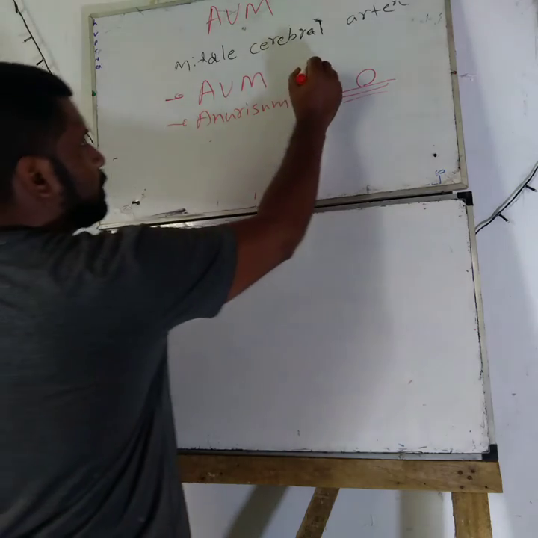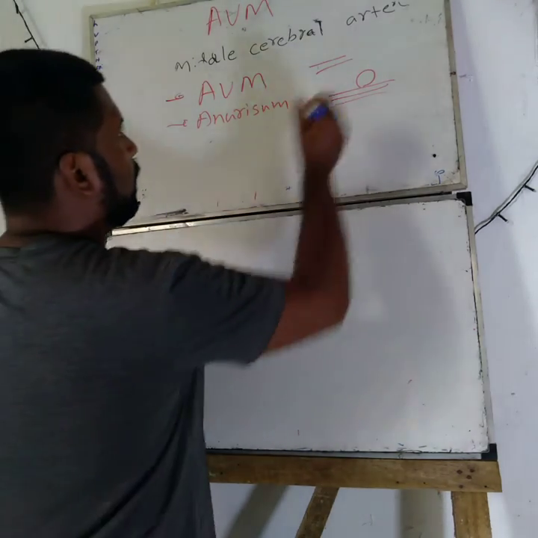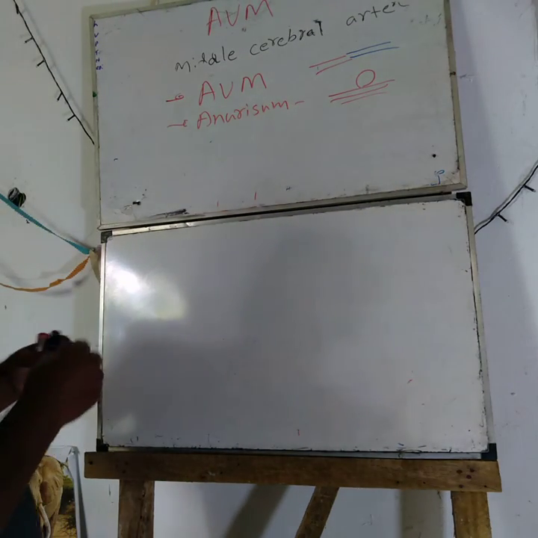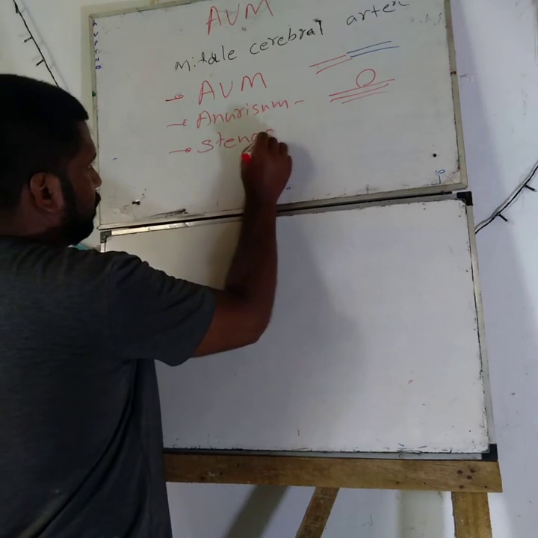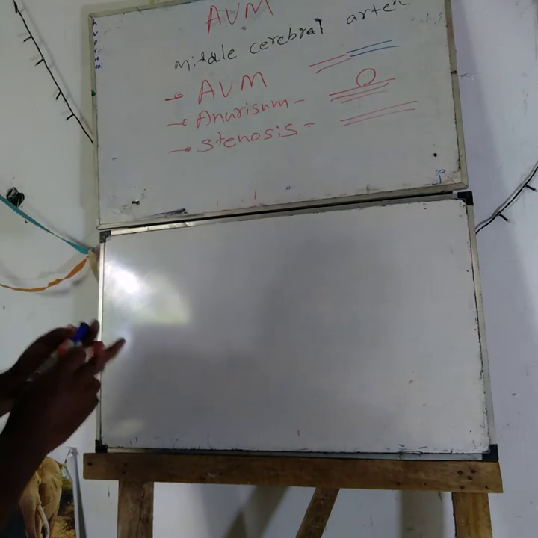AVM is an arterial and venous problem. Then stenosis is also an arterial problem.